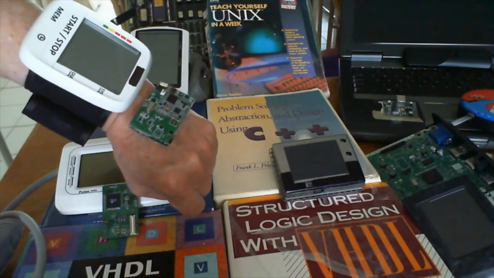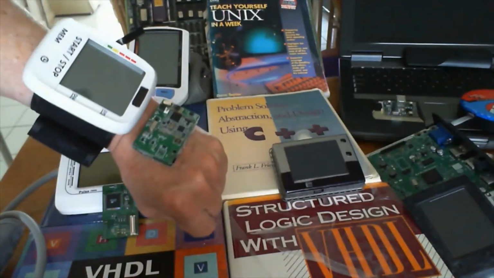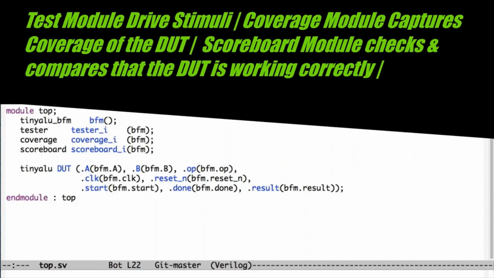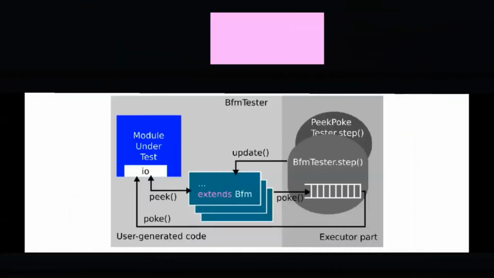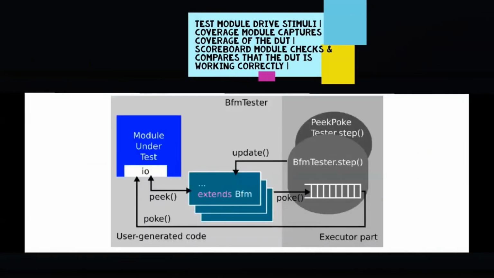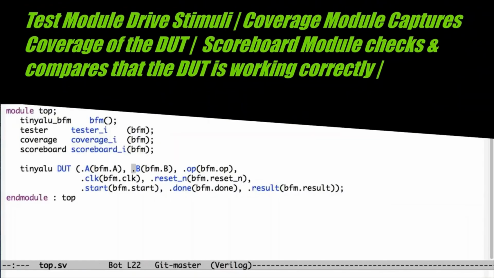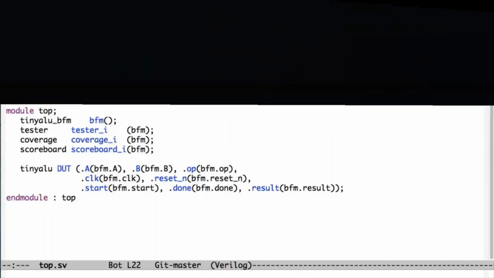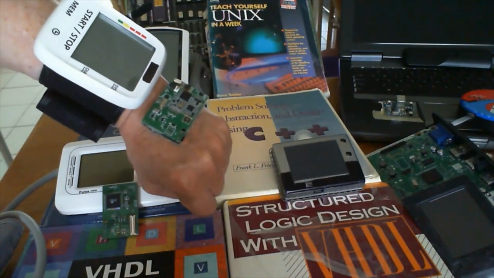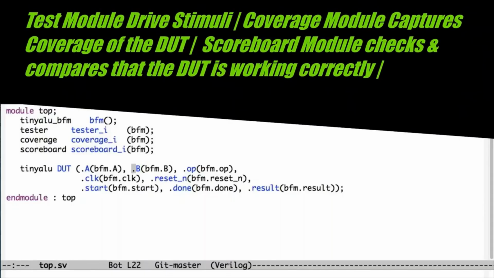This test bench consists of three modules: the test module, which drives stimuli and/or stimulus; the coverage module, to capture coverage of the DUT, the design under test; the scoreboard module, which checks and compares that the device under test, the DUT, is working correctly.